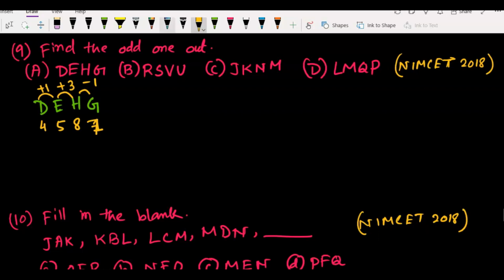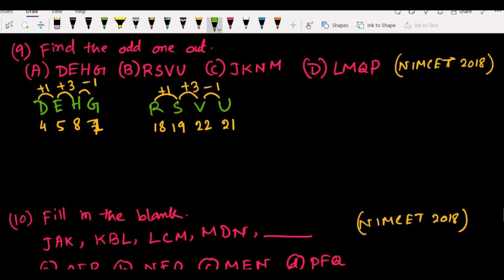So again in this, R, S, V, U. Here R is 18, S is 19, V is 22, and U is 21. So we get here plus 1, here plus 3, and this is minus 1.